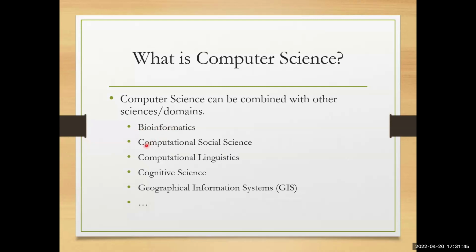Of course, you can use computer science knowledge to solve problems in social science, right? So you have computational social science, and also computational linguistics, cognitive science, and geographical information systems. So really, computer science is everywhere, and it can be applied in various sciences and domains.